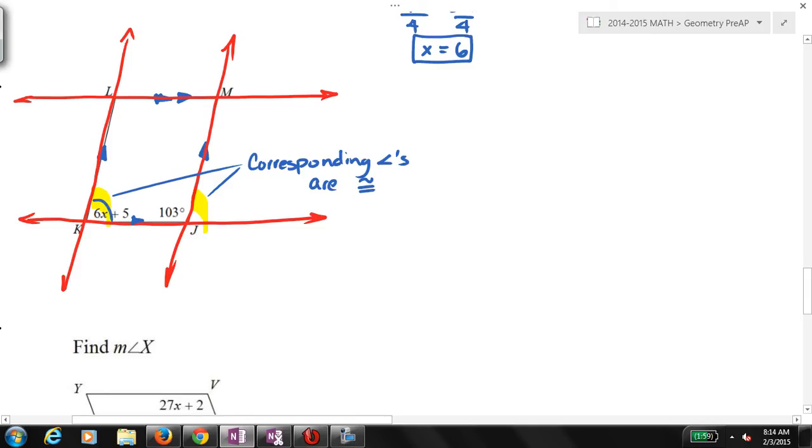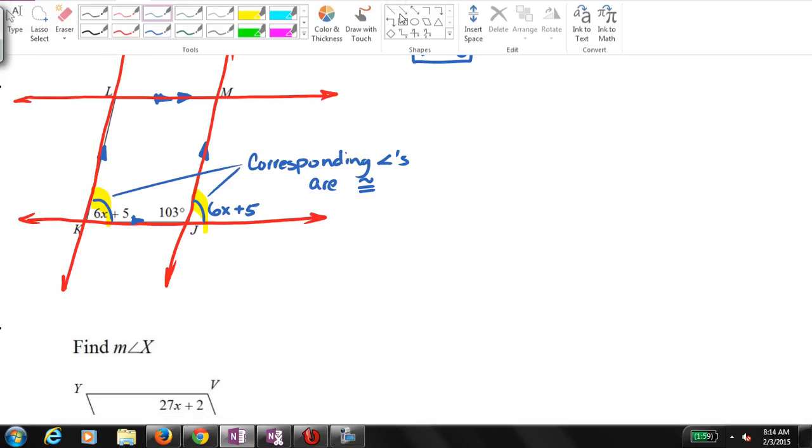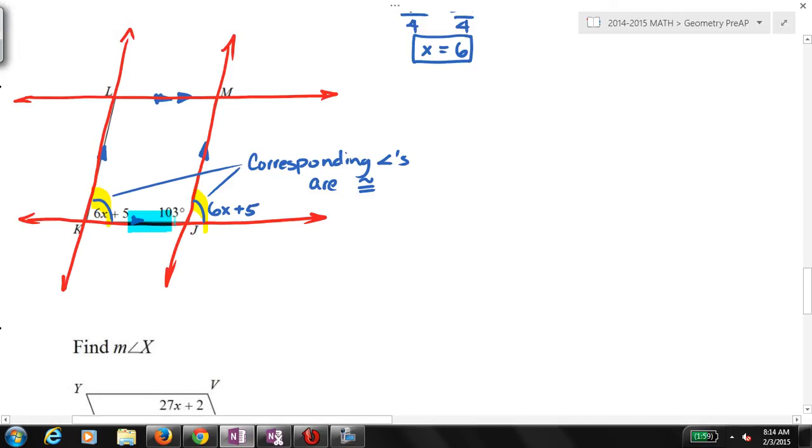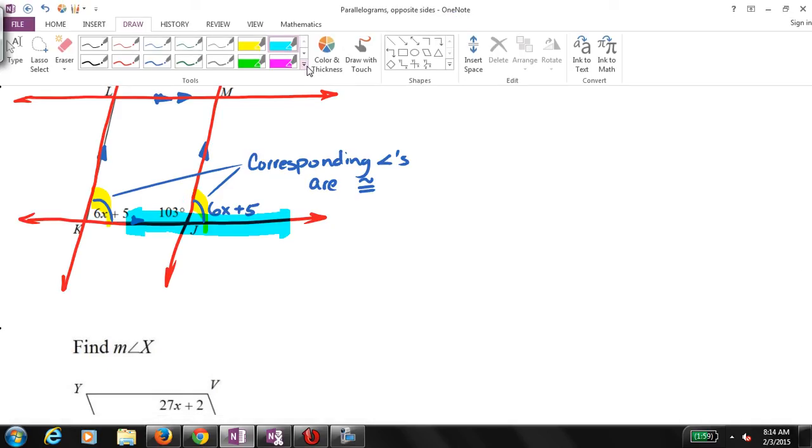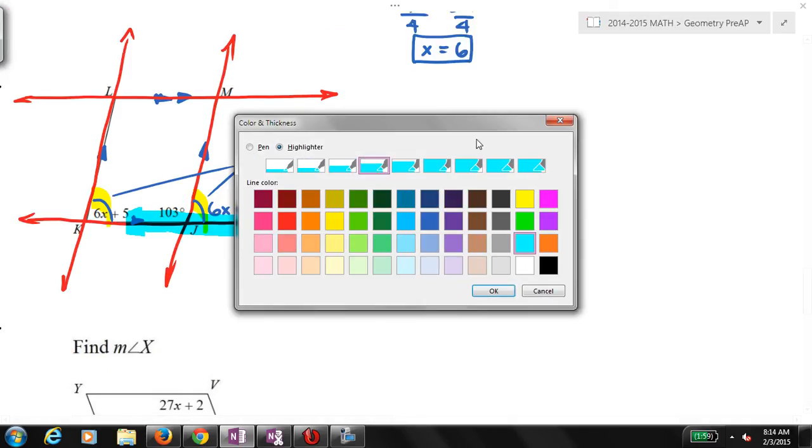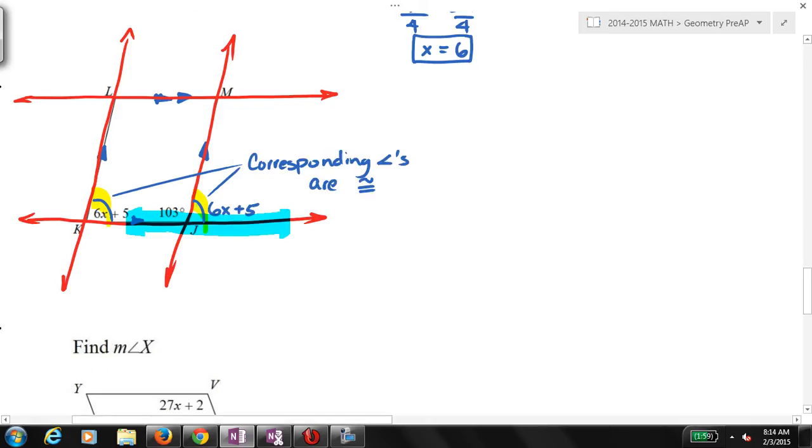So if I want to move this angle 6x plus 5, I can put that over here, 6x plus 5. You can also move the 103, by the way, and move it to the other corresponding location. But right here, now that you've moved these, now I kind of look at this line right here. And when I look at these two angles right here, they form a straight line.